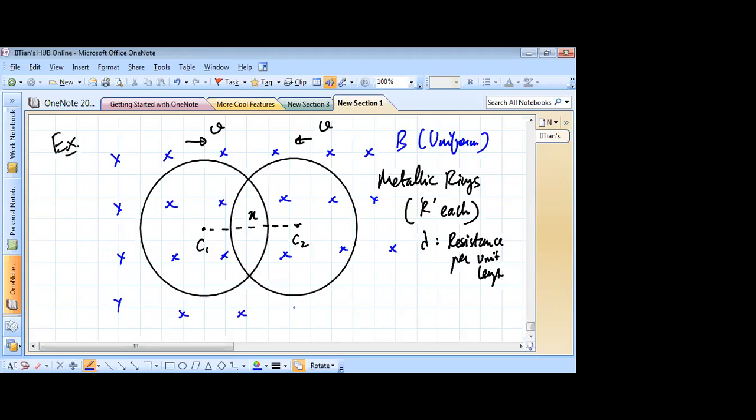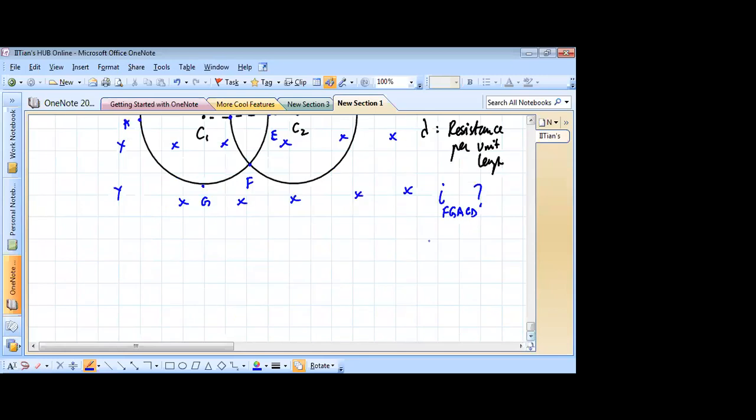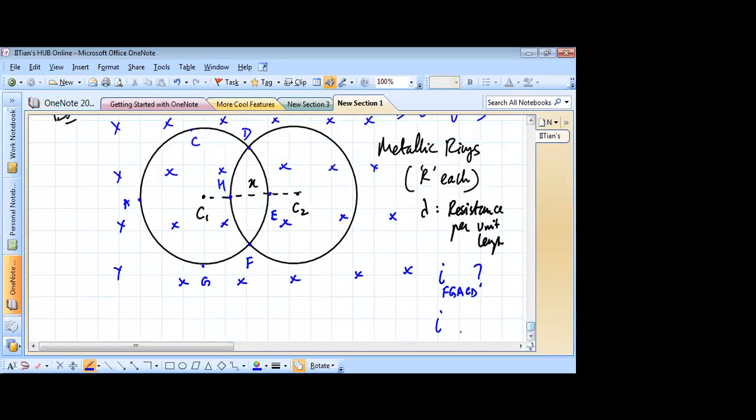So if we label this point as, let's say, H, we have to find the instantaneous current in the section FGECD, and the instantaneous current in the section DHF or the section DEF, like this.